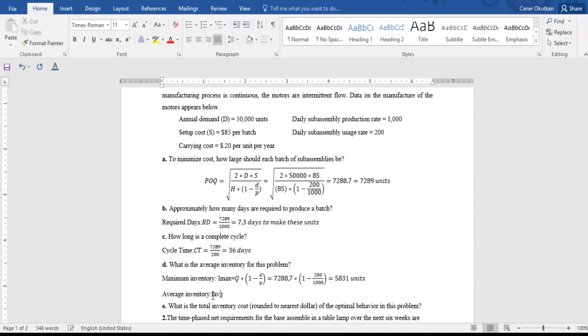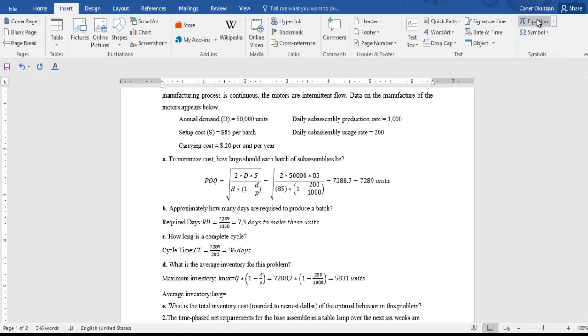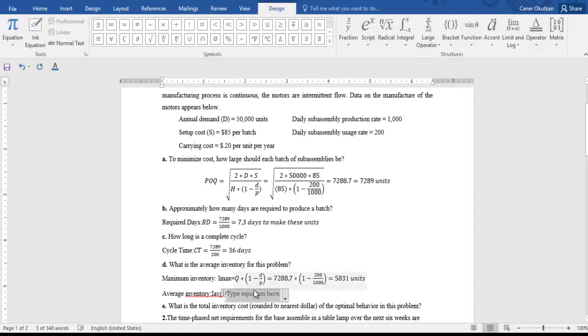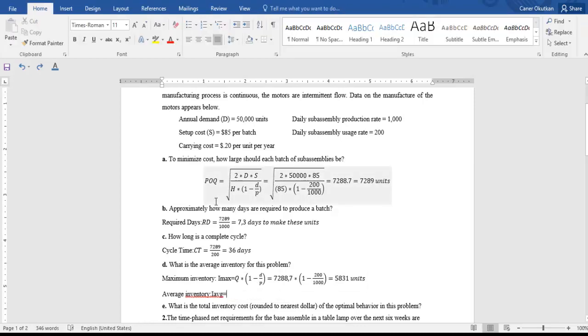So I average equals, insert the equation, we use maximum inventory divided by 2. This is easy. 2950 units. So we find the average inventory.